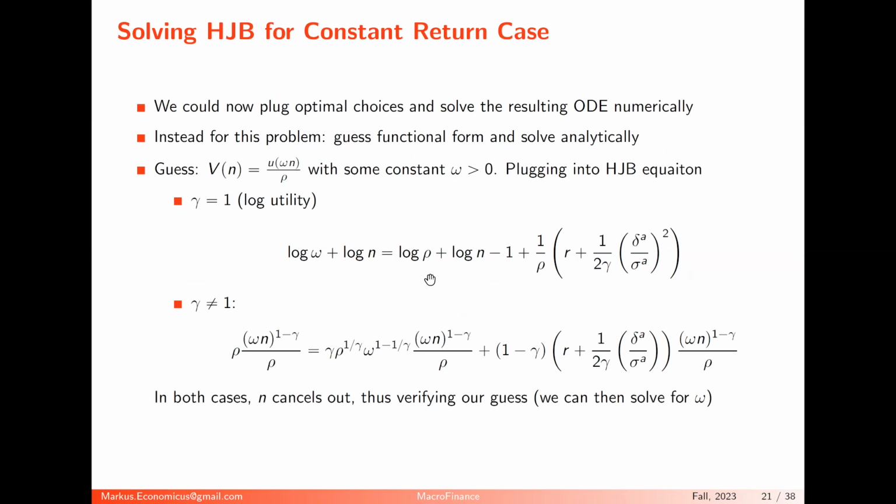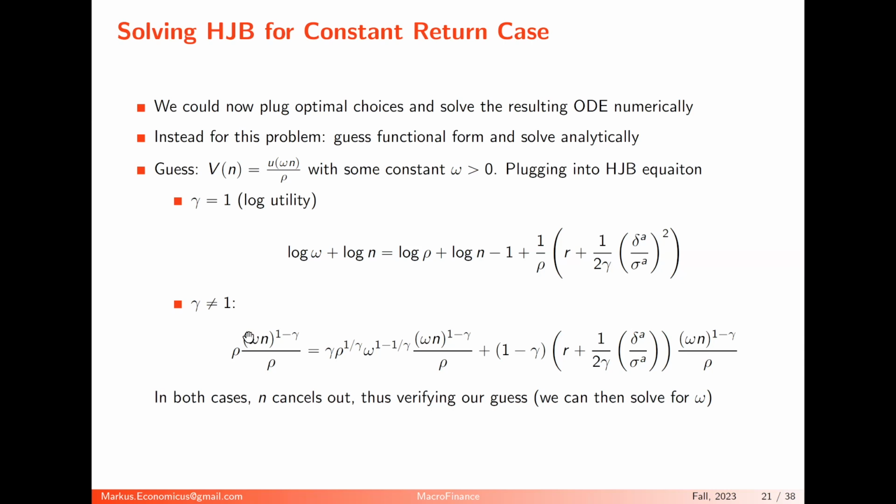If you stay with constant relative risk aversion, you can do this at home, but replace u now with omega n to the power 1 minus gamma over 1 minus gamma. So that's your u.